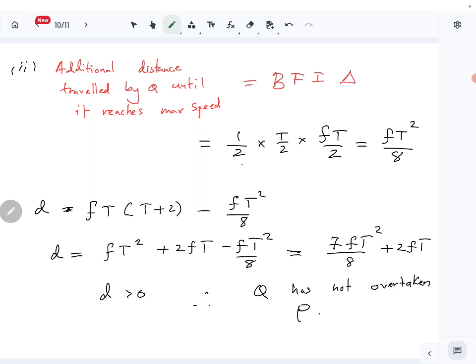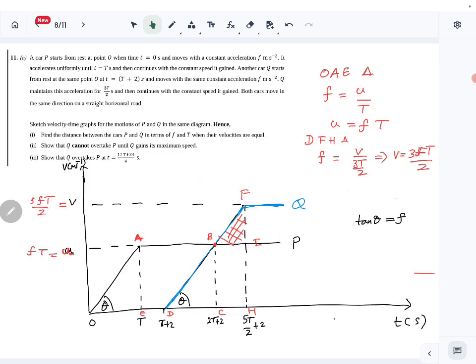So still there's this distance between the two cars, P and Q. Then show that Q overtakes P at this time. Now we'll focus on only this section. Let's take this time from here onwards to be t1.